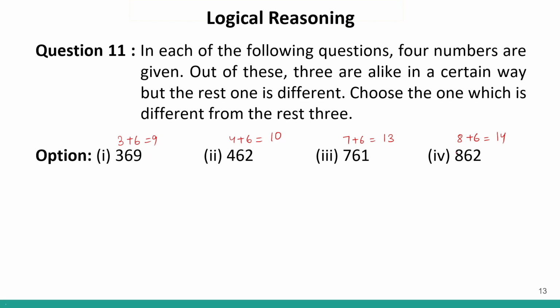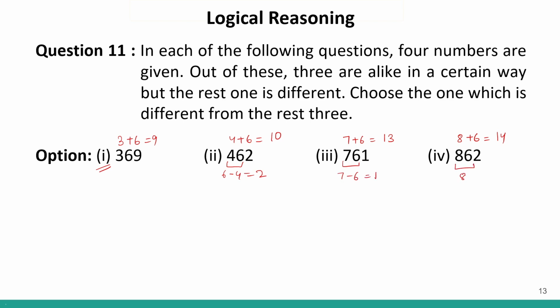But this logic does not follow for 2, 3, 4. So based on this logic, option 1 is different. But let us use another logic. If I look at 4 and 6 over here, the difference between 6 and 4 is giving me 2. The difference between 7 and 6 is giving me 1.